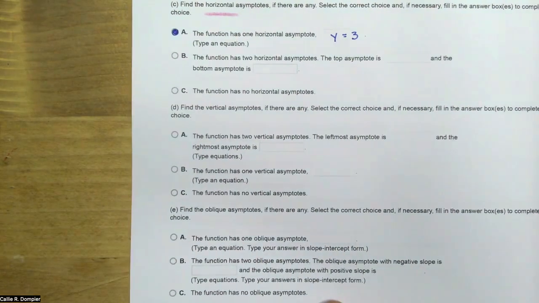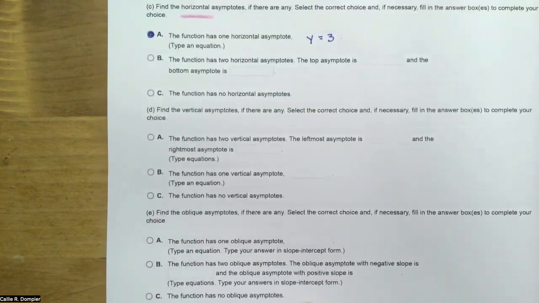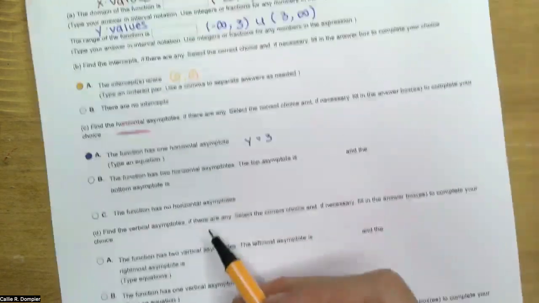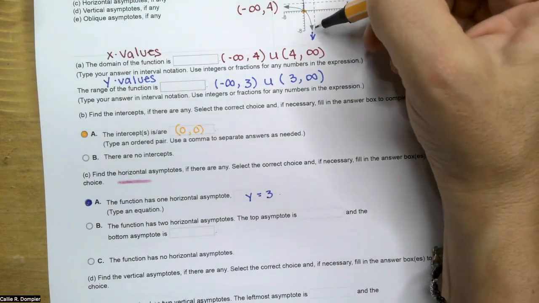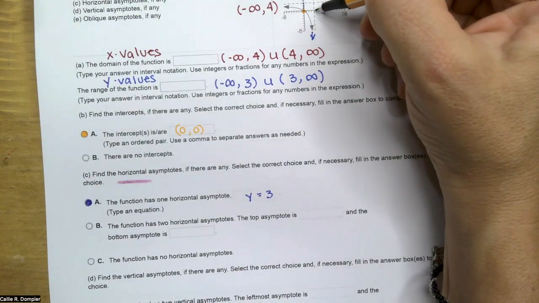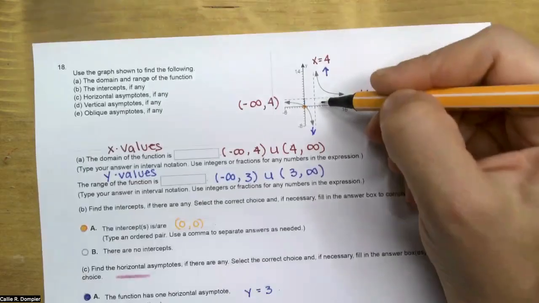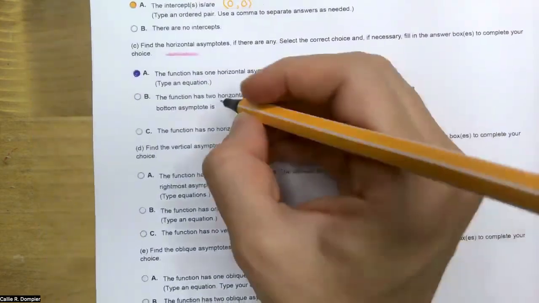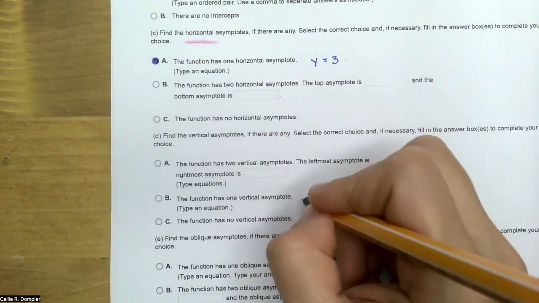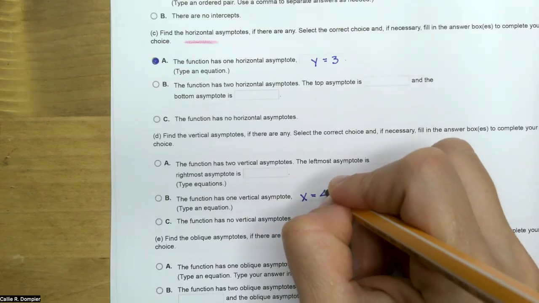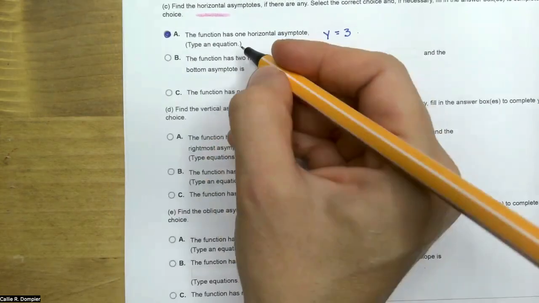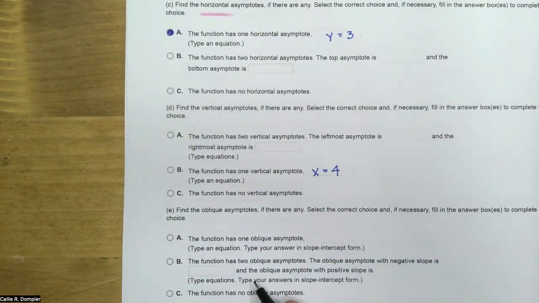And vertical asymptote is just up and down. Vertical asymptote is at x equals 4, right? If it has a horizontal asymptote, it will not have an oblique asymptote.